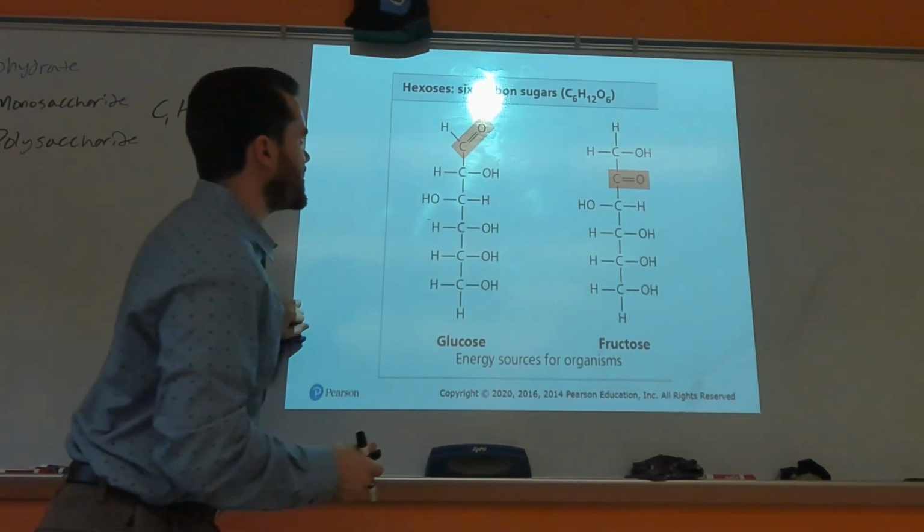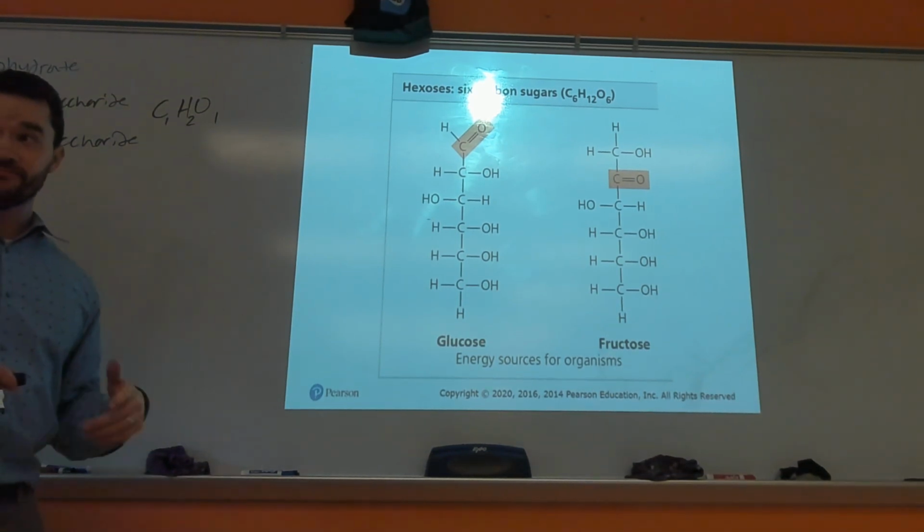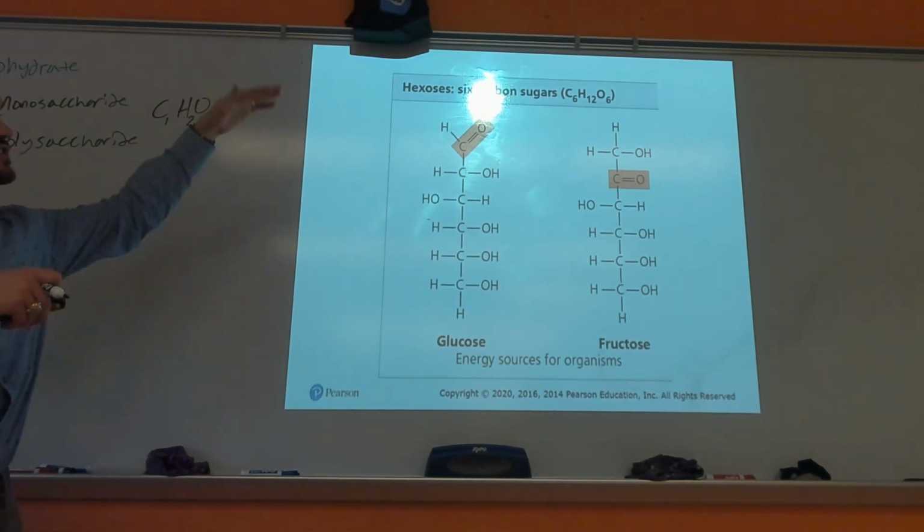Anyways, another example would be a hexose sugar, like glucose, fructose. Maybe you've heard of fructose before. I mean, all sugars are mostly sweet, but fructose will be used in a lot of our food products. Anyways, these ones are all 6-carbon.